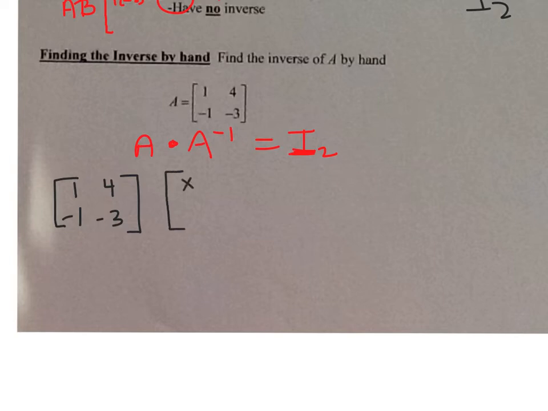So it's x sub 1,1, row 1, column 1, and the next one would be x row 1, column 2, and then x row 2, column 1, and x row 2, column 2. And that has to give me my identity, which is 1, 0, 0, 1.